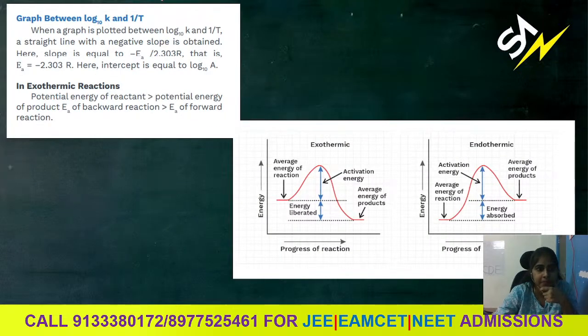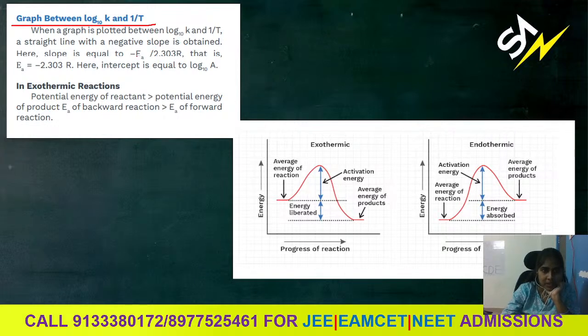Now let's see the graph between log10 k and 1/T. When a graph is plotted between log10 k and 1/T, a straight line with a negative slope is obtained.